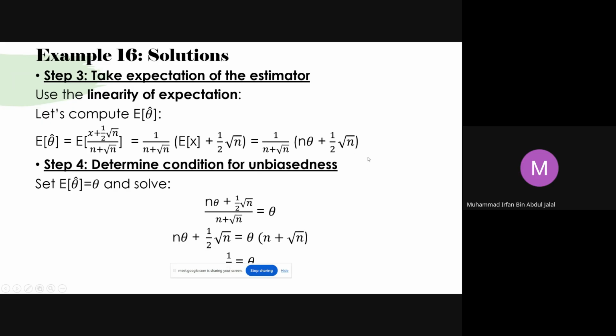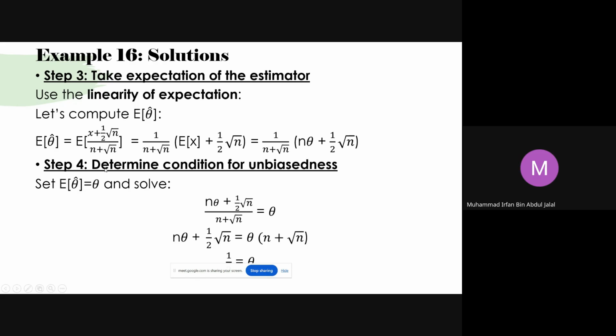Again, the expectation of X is n times theta, because this is a binomial distribution. So we will get these quantities for the expectation of the estimator theta hat.